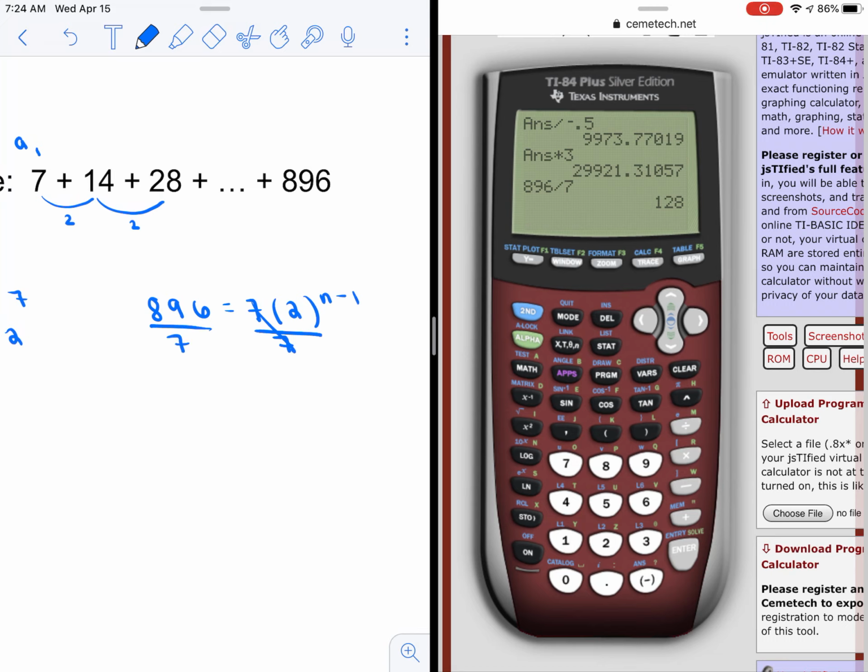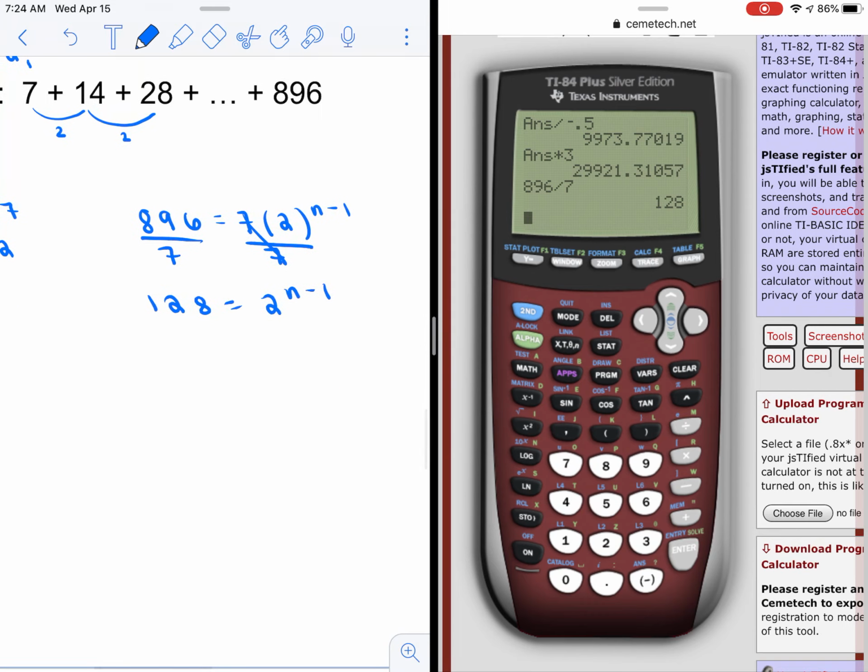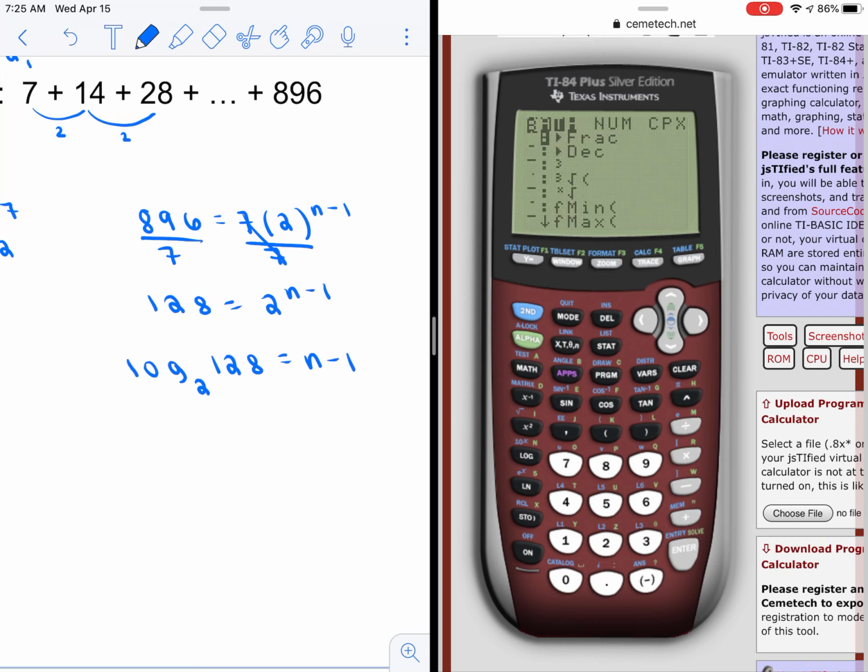Remember, when solving exponential equations, divide by 7. So that is equal to 128. And then remember from last unit, we want to rewrite this in log form. So log with a base of 2, and then the 128 should equal n minus 1. If you have that in your calculator math, you can go to log base, or you can use the change of base formula.